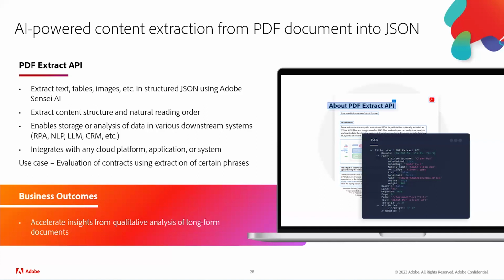So we are also extracting the structure of the content and its natural reading order, which makes the text easier to read, right? And once you have extracted this text, which is quality data, it can then be pushed into any RPA, NLP, LLM, or CRM solution of your choice to take your workflows ahead.